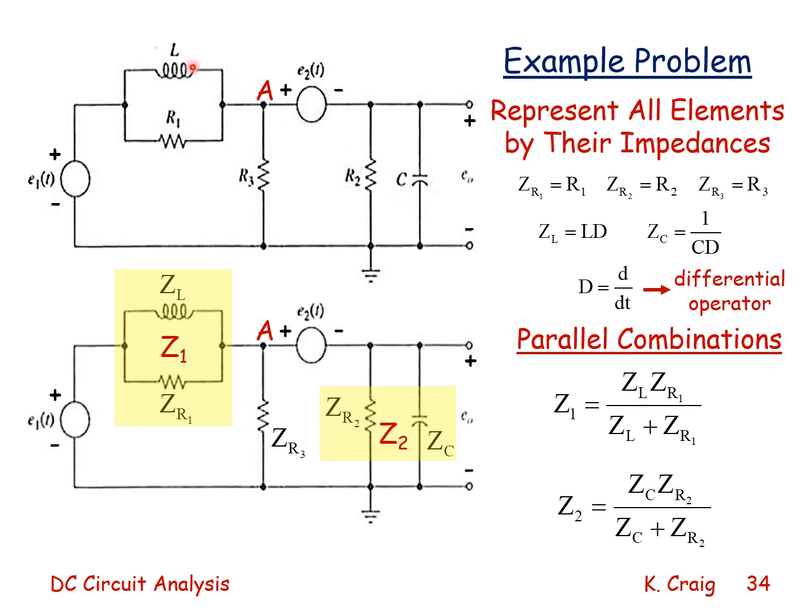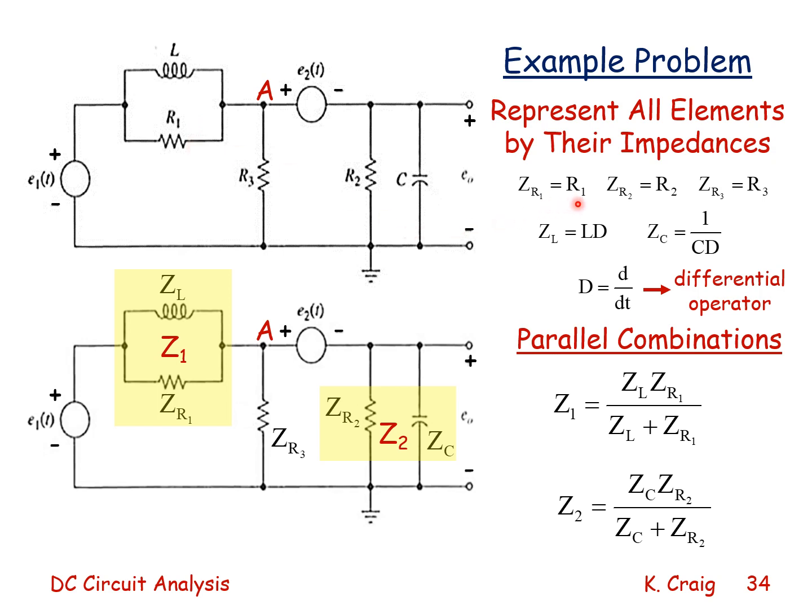Here we show an inductor L in parallel with the resistance R1. We have resistor R3 and resistor R2. And we have capacitor C. R2 and C are in parallel as L and R1 are in parallel.